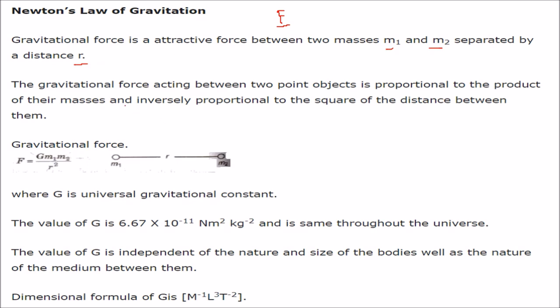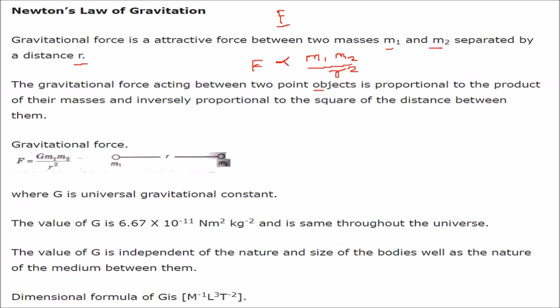So the gravitational force acting between two point objects is directly proportional to the product of their masses, and inversely proportional to the square of the distance between them.